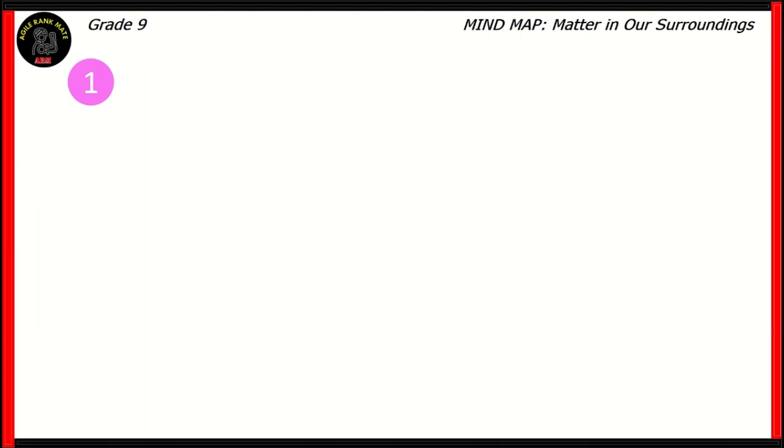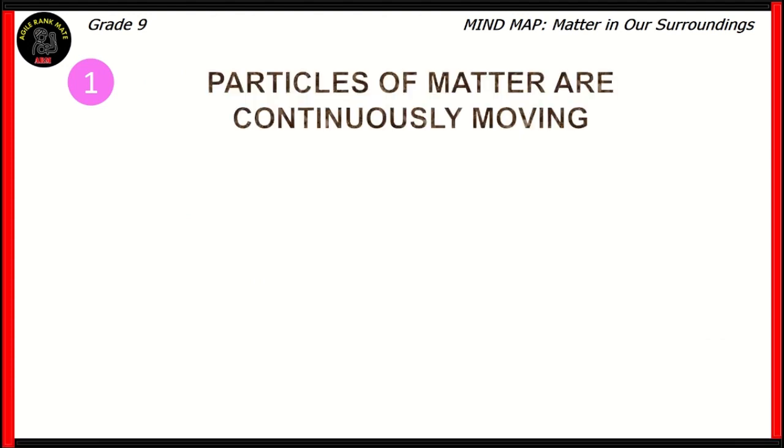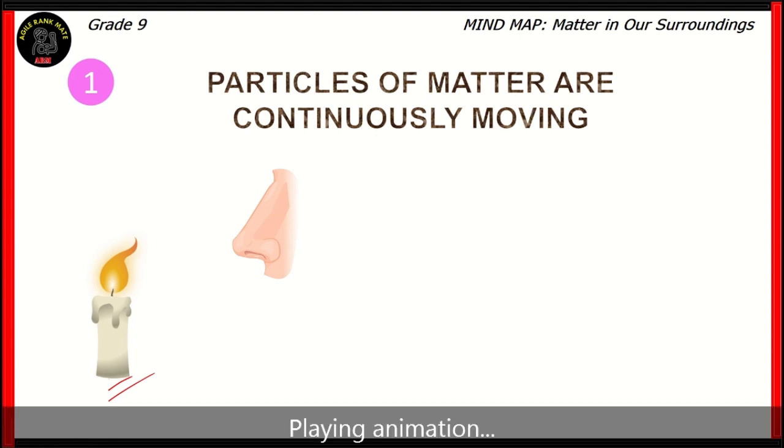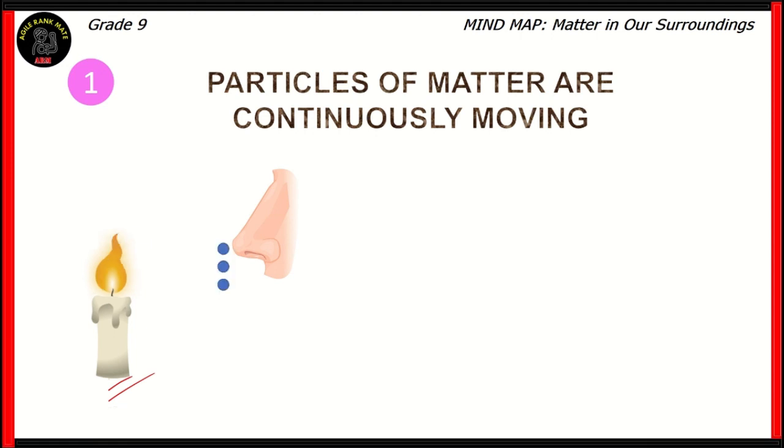Now for the next characteristic, which says that particles of matter are continuously moving. For this, let's take a candle or a fragrance, and if we keep our nose near the fragrance, the particles of the gases would travel from the candle to the nose.